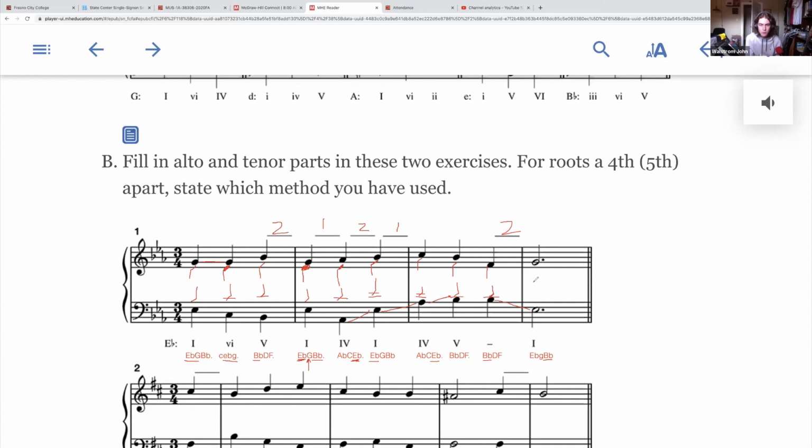Yeah, so what would we do? Come here to the B flat and the E flat. Does that work? I think it totally works.